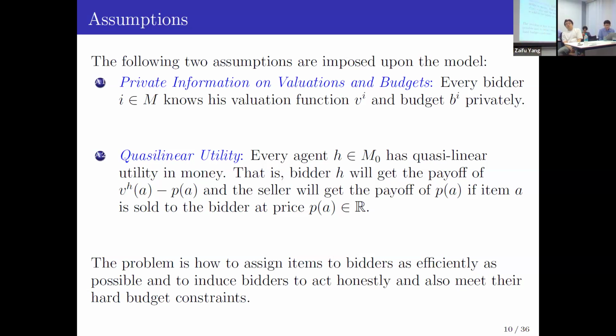Then quasi-linear utility. So if the agent is a bidder, he will get this payoff, and the seller will get the payment if the item is sold to this bidder at price p.